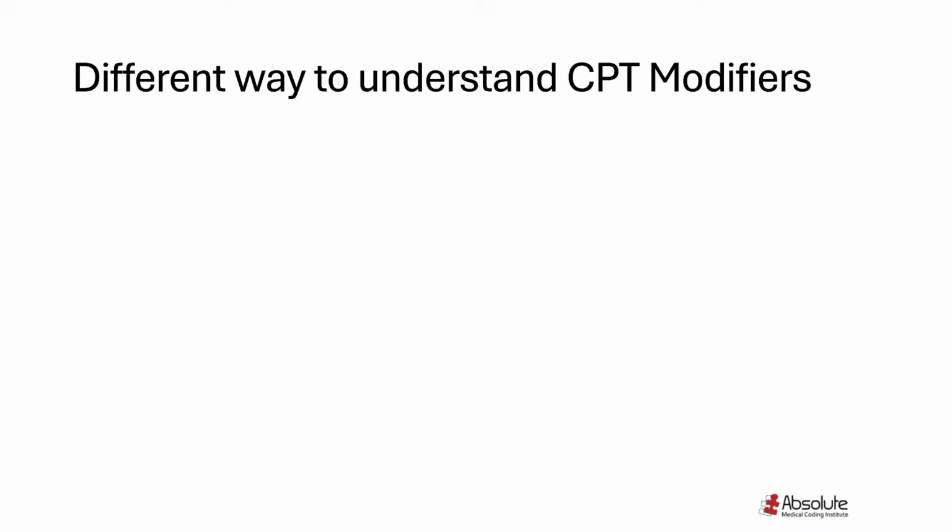But for the people that know what physical status modifiers are, where would you go to look one up? Would you open up your CPT manual and go to Appendix A? Or would you look in your HCPCS Level II manual and go to Appendix B? Where would you look up the definition?